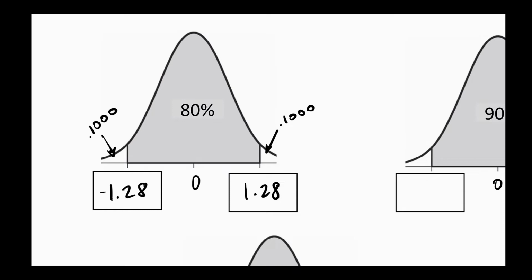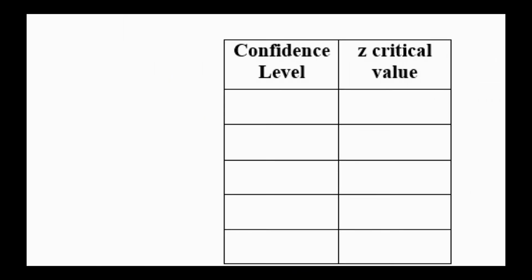Okay. Now, does anyone want to change what they have so far? All right. So now we're going to use the box below. 80%, right? So what we're going to put is for 80% confidence level. We're going to talk about that today.